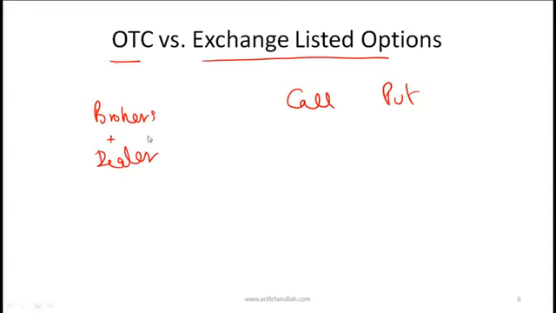In Pakistan, for example, options are bought and sold in the over-the-counter market. So we have a few banks which are called authorized derivative dealers. So if a given entity wants to go and buy a call option or sell an option, that entity needs to deal with one of the authorized derivative dealers.